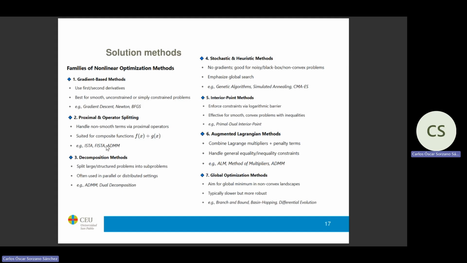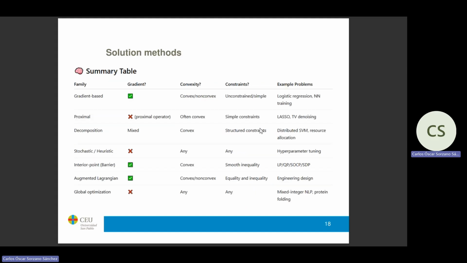All these sister approaches are also very important. Interior point methods, there are many. And here there are some properties of these families. Some families are based on gradients, others on proximal functions, the decomposition.